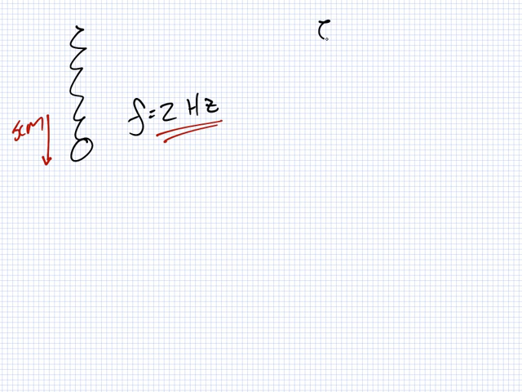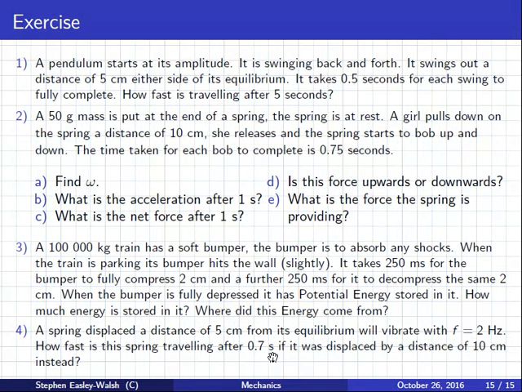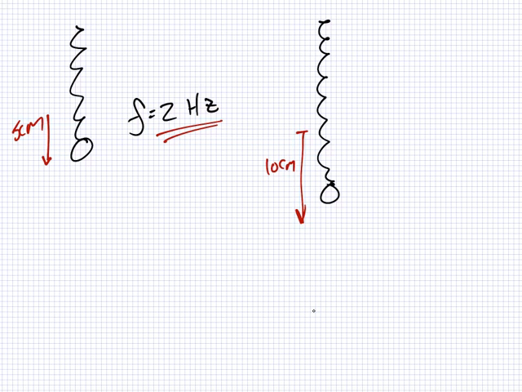Then somebody comes along and pulls it down 10 centimeters. How fast is the spring traveling after 0.7 seconds? So you pull it down by 10 and it starts moving up and down like this.